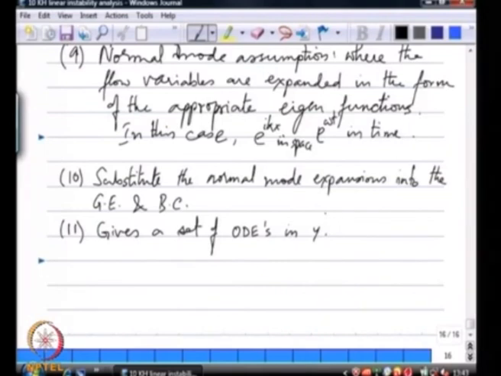So, that gives us the behavior of these quantities in y.